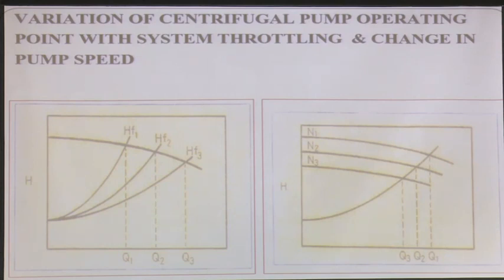Is it clear? Now, similarly, there are 3 speeds, let us say, and this is the system resistance curve. This is meeting the first speed here, second speed there, third speed there. That means, if I change the speed, my Q changes.